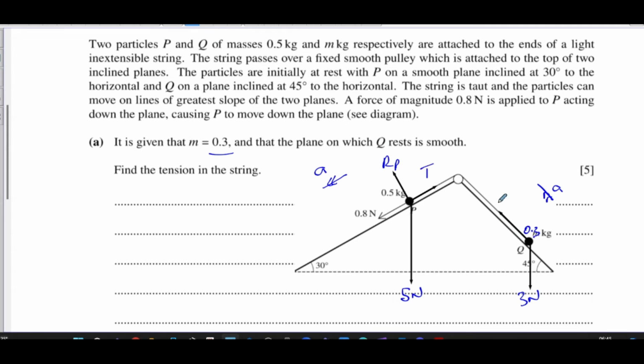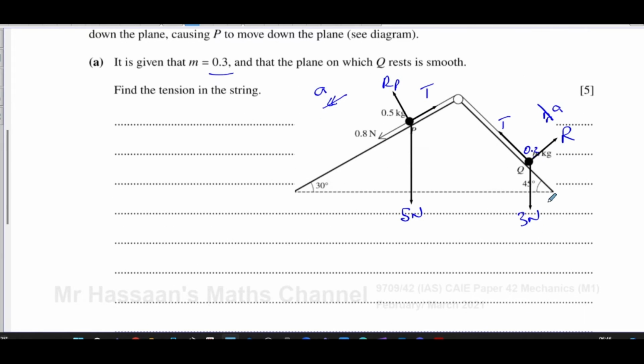So there's a tension here, there's a tension there. They're the same magnitude. Acceleration is the same magnitude. And that's the only force. There's no friction or anything here because this is smooth. This is both smooth, as the question tells us. So those are the forces, apart from, of course, here, the reaction force, which will be acting in this direction, perpendicular to the surface.